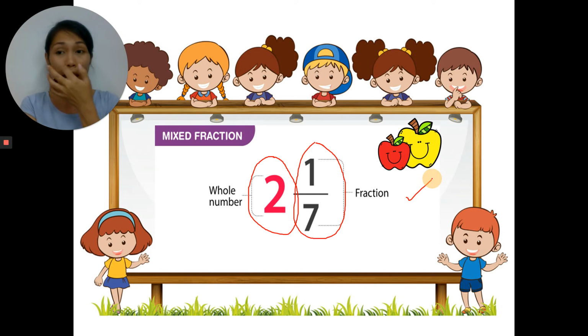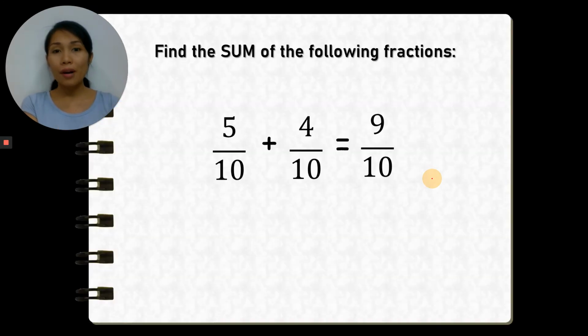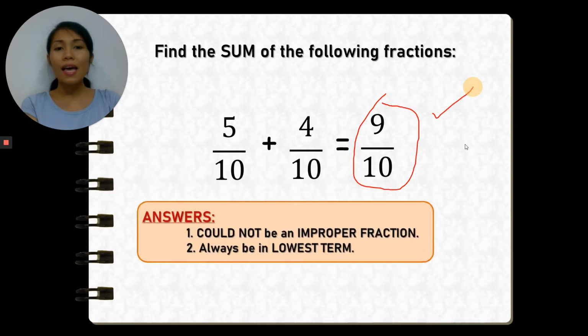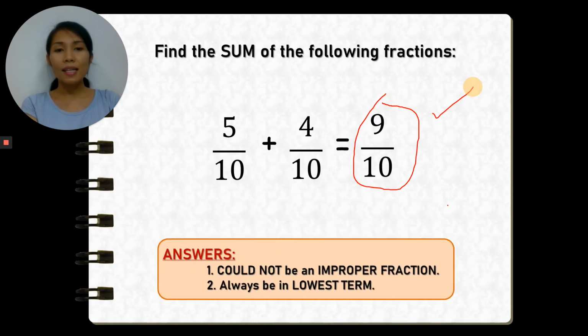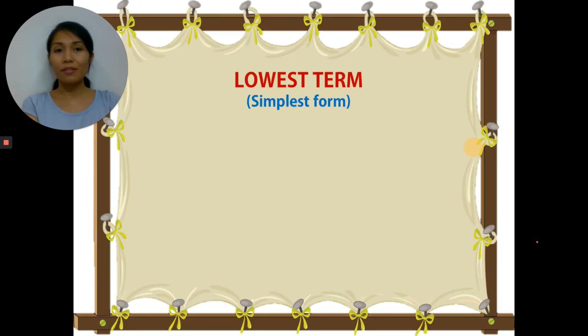If it's not a proper fraction, if it's an improper fraction, then you have to convert it into a mixed fraction. Okay, let's try this one. Since your answer here is 9/10, it is a proper fraction, correct? And it's in lowest term. All right, so that's our final answer.